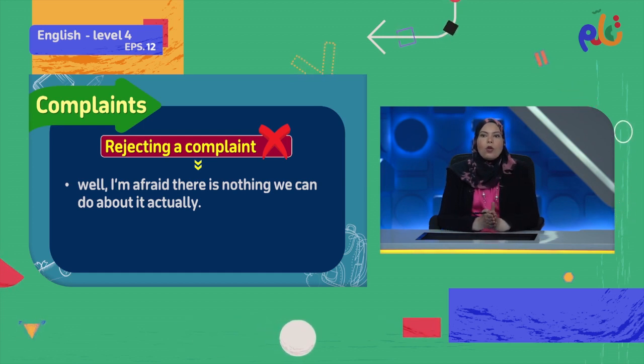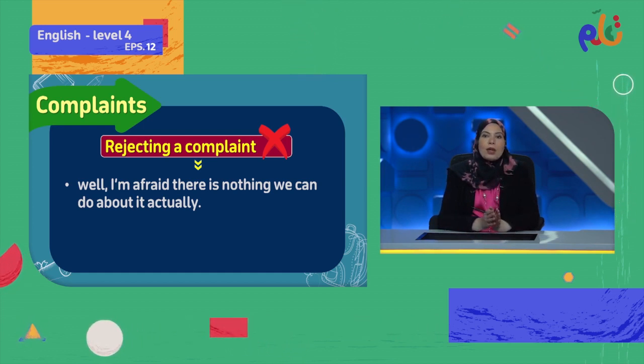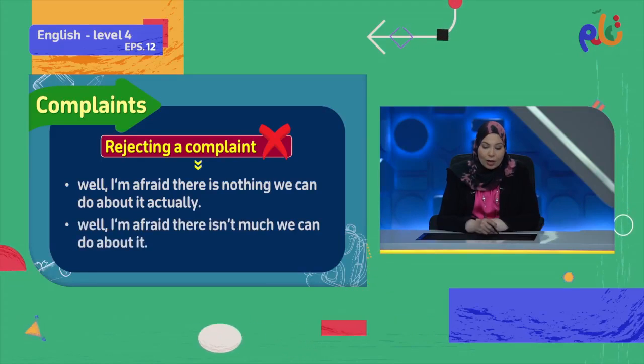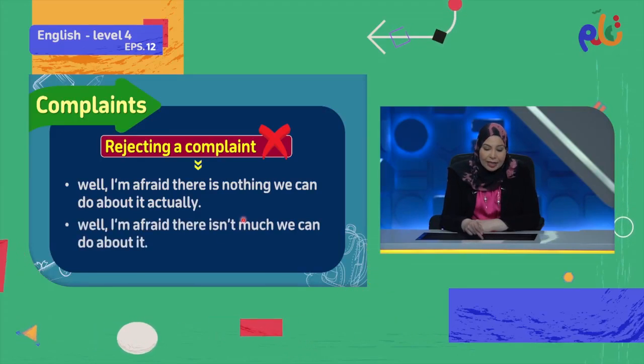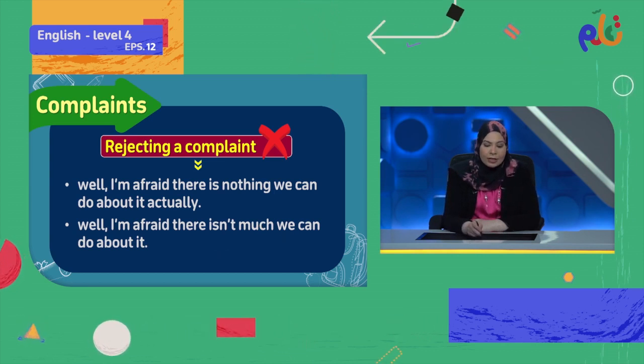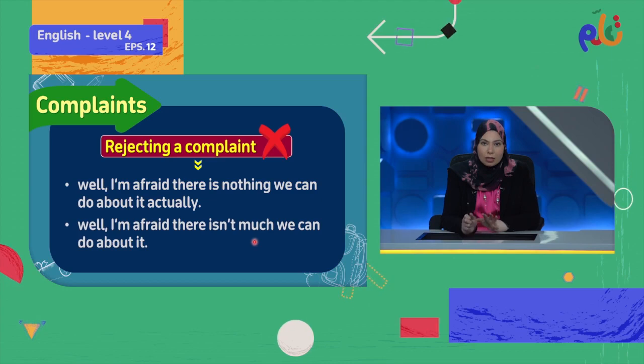So, for example, when I say that my room is too noisy, there is nothing we can do about it if they don't have any other rooms available or if all the rooms are the same. Or, well, I'm afraid there isn't much we can do about it. So these are different ways to tell me as a customer that what I say is not valid or is pointless.